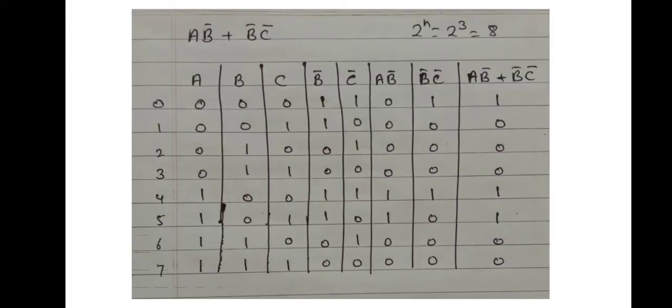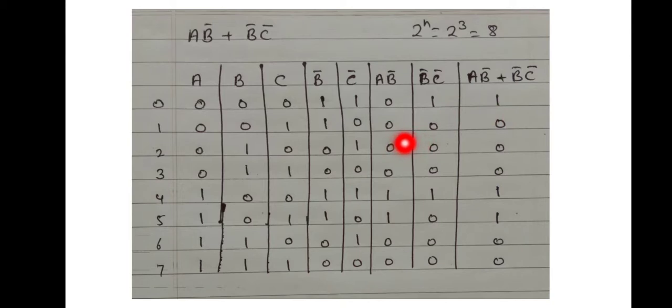Next, we create the final column: AB naught plus B naught C naught. That means we join the AB naught column and the B naught C naught column with the plus operator. And what does the plus operator say? If the value in either column, either component, is 1, then the answer will be 1. So if you look over here, this is 0 and this is 1, so the answer is 1.